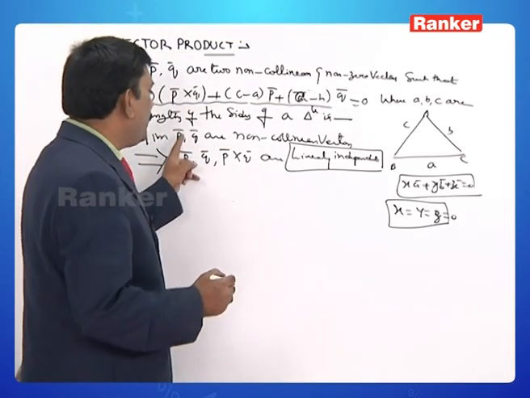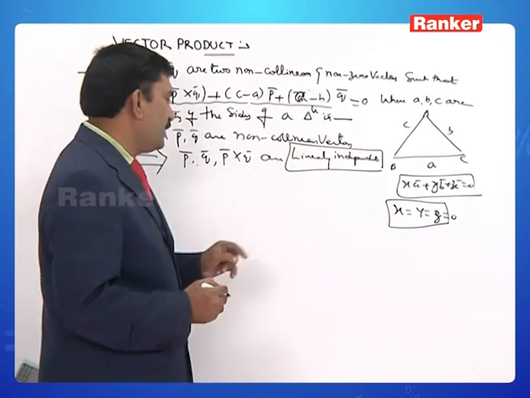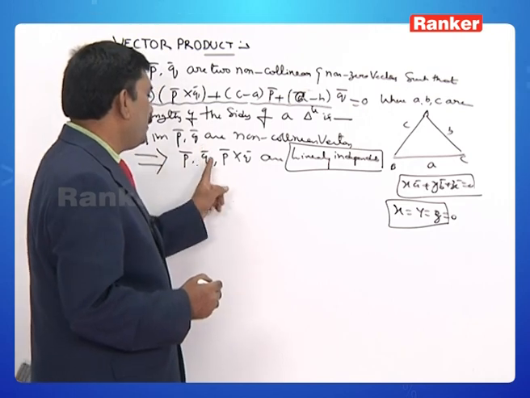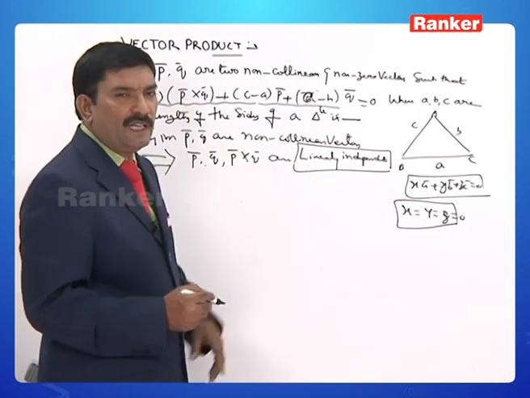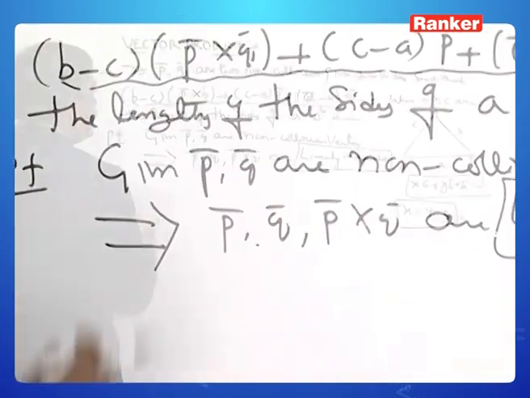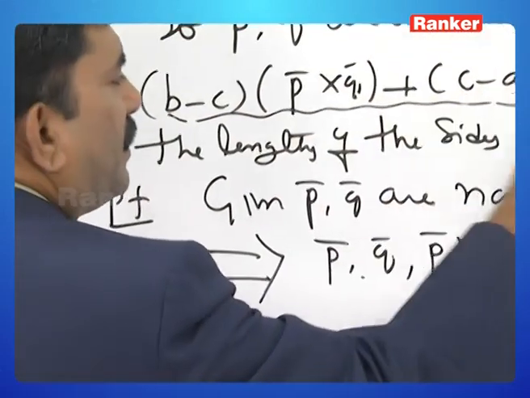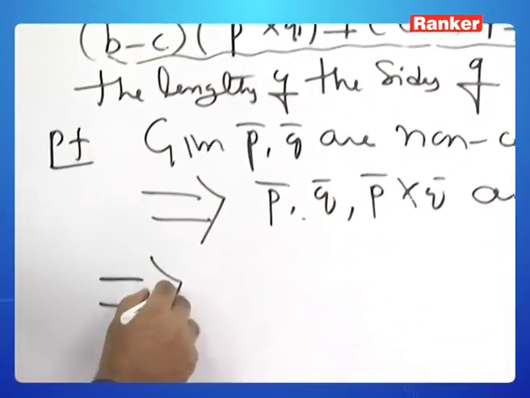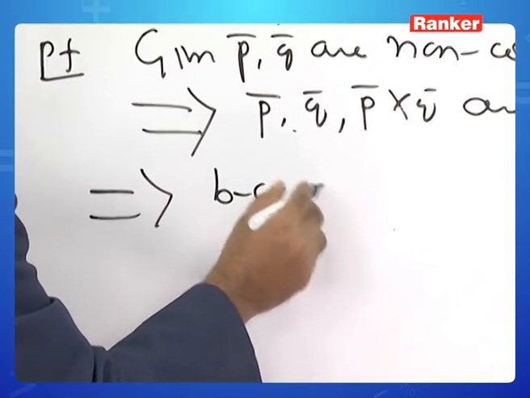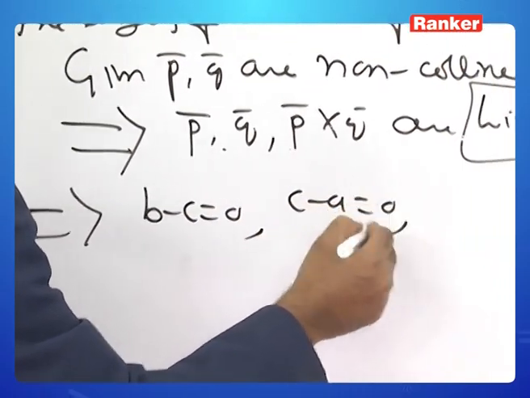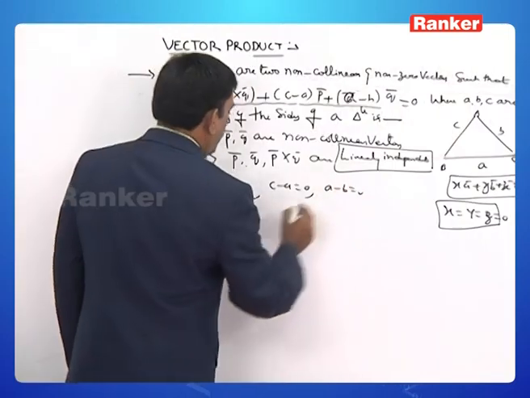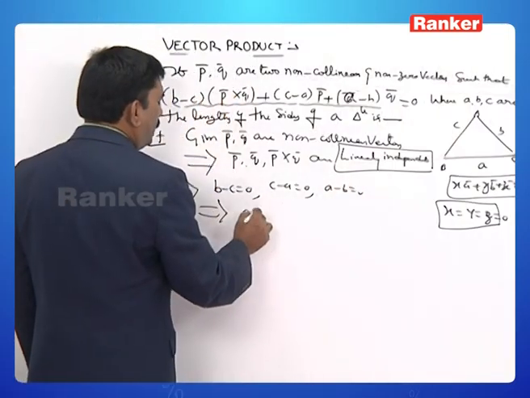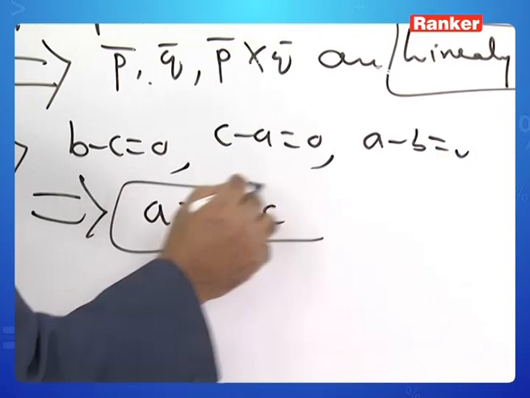Yes, when P bar, Q bar are non-collinear vectors, it implies P bar, Q bar, P bar cross Q bar are linearly independent. This is x, this is y, this is z, which implies b minus c is equal to 0, c minus a is equal to 0, a minus b is equal to 0. It is quite obvious a is equal to b is equal to c.